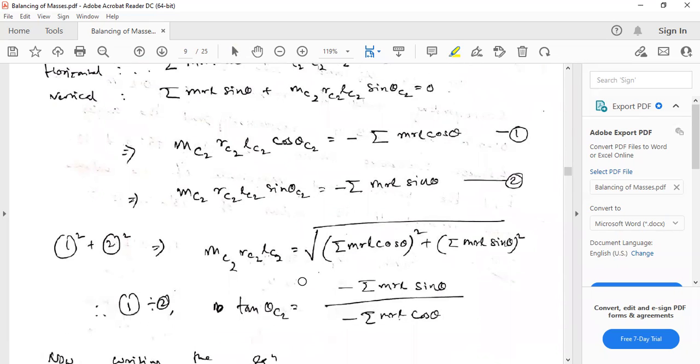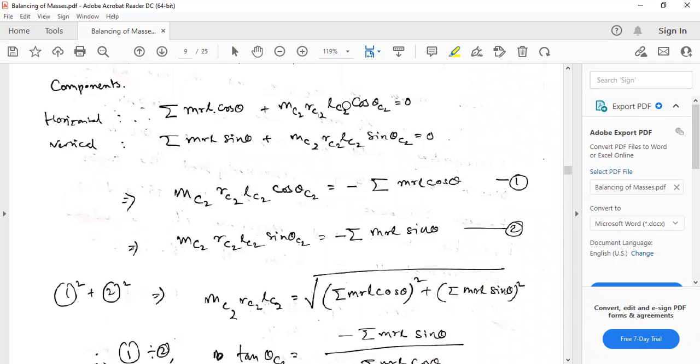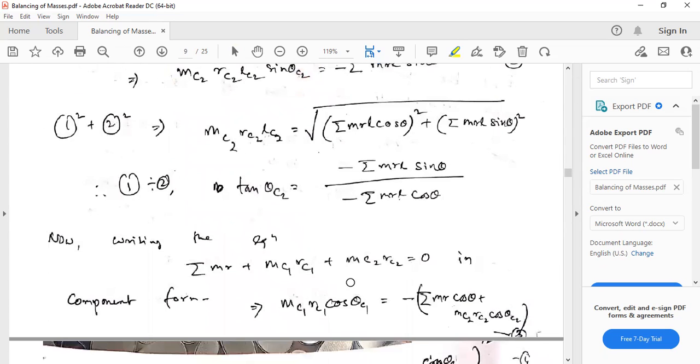These are actually the unbalanced unknowns, so we have to simplify and solve so that we get the unknowns mc2, rc2. lc2 will be known to you. So it is the square root of the vertical component squared plus the horizontal component squared, and the angle will be sine by cos, that is tan.